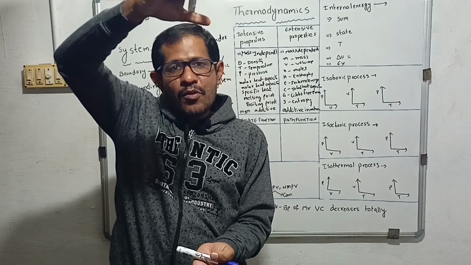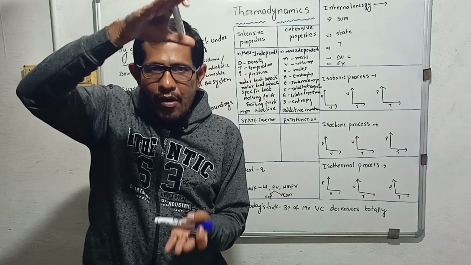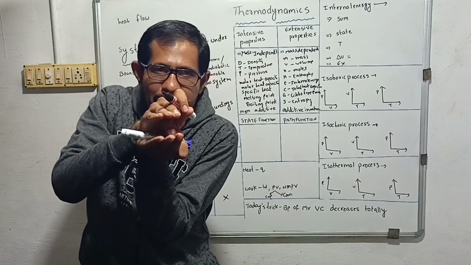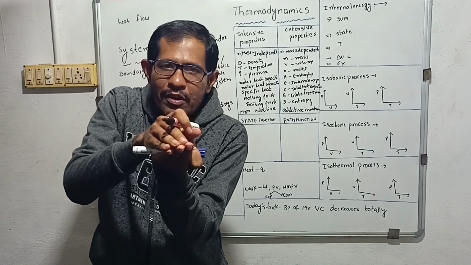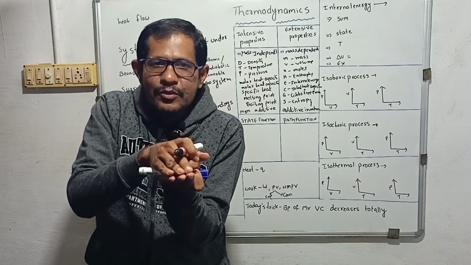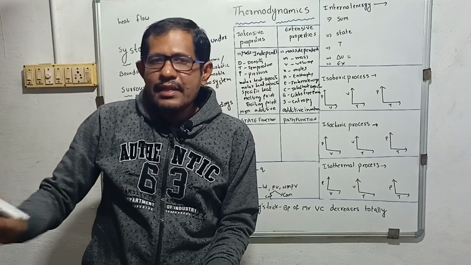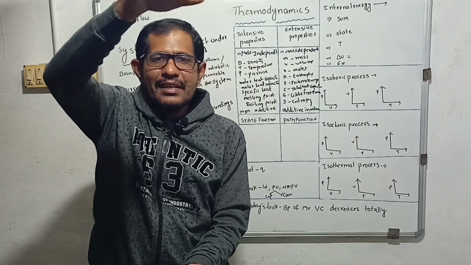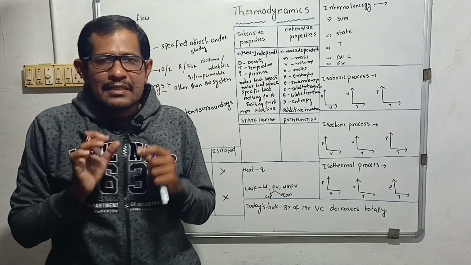Suppose there is more amount of substance, more heat is required to make it hot, isn't it? If it is a small amount of substance, less heat is enough to make it hot. If it is a big amount of substance, more heat is required to make it hot, right? That's why heat capacity is a mass dependent extensive property.